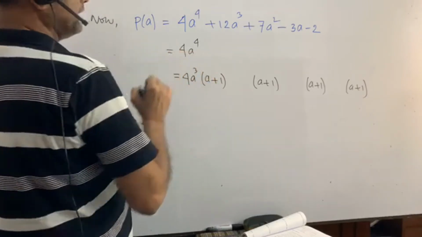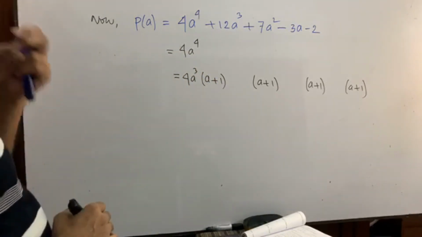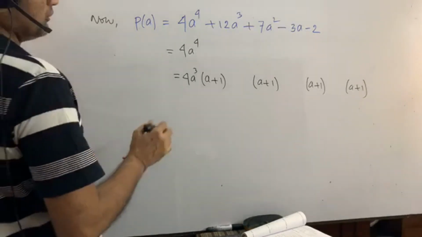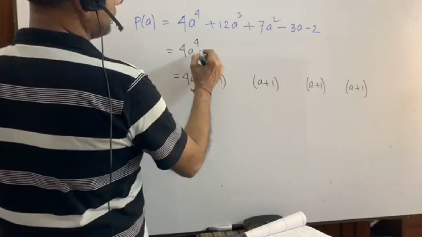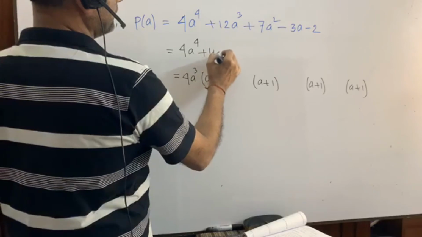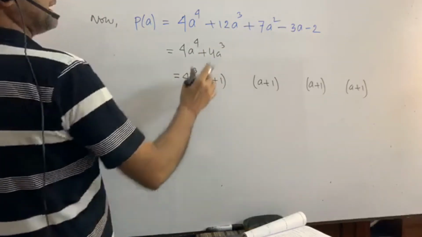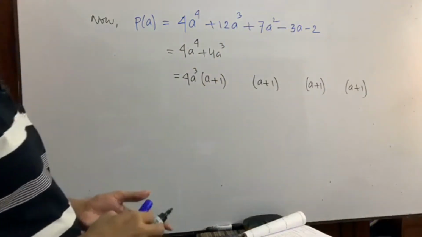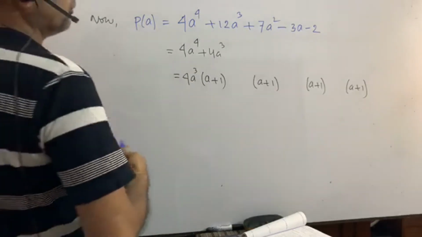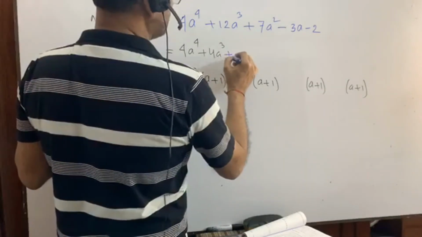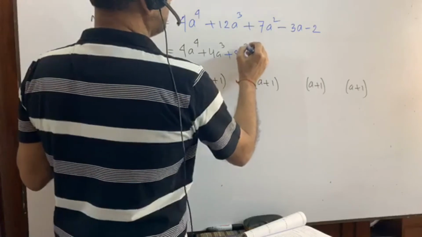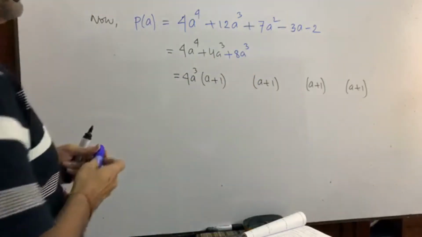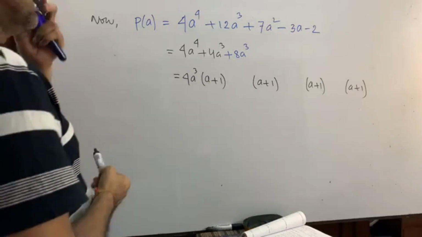You see, we need 4a cube. Have you got me? So 4a cube into 1 equals to plus 4a cube. But here it is 12a cube. Then what we need here? We need another 8a cube, okay, another 8a cube, right?